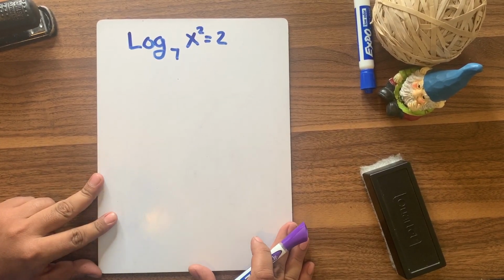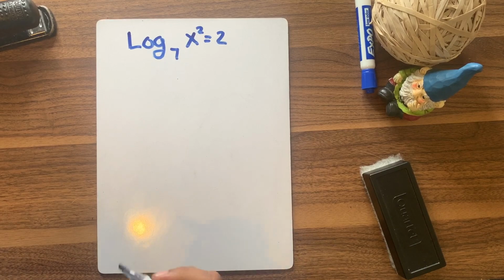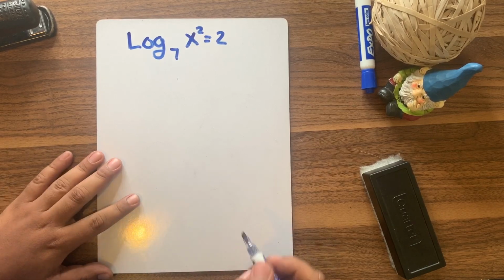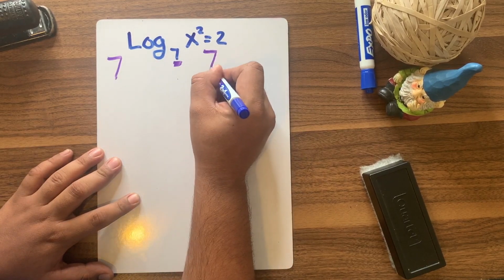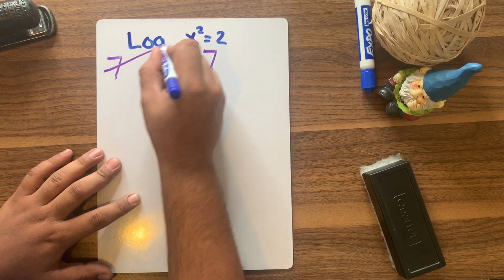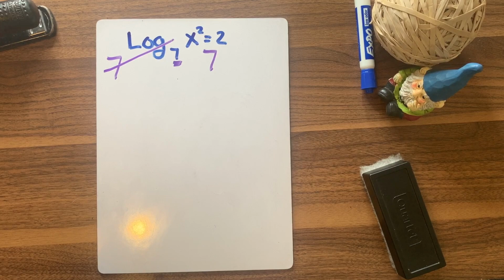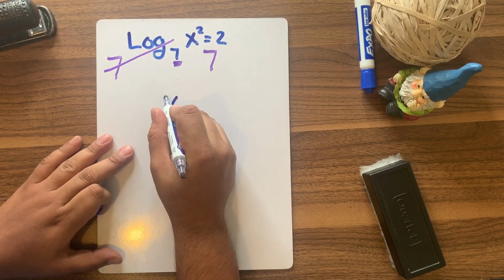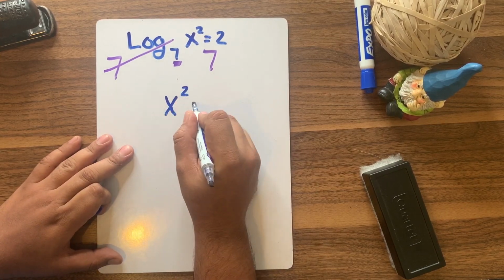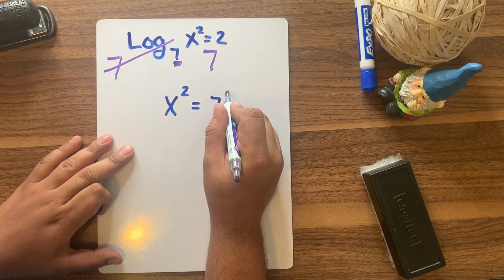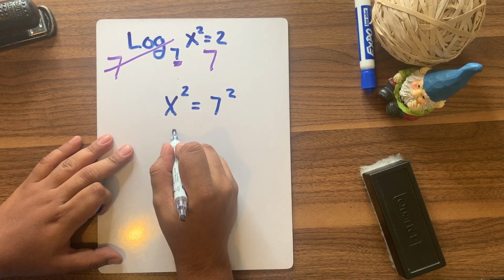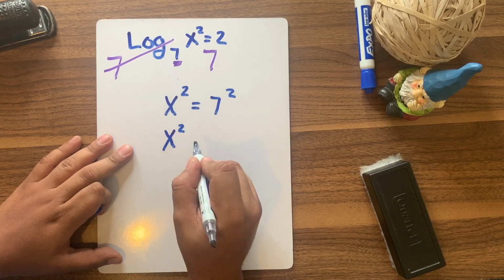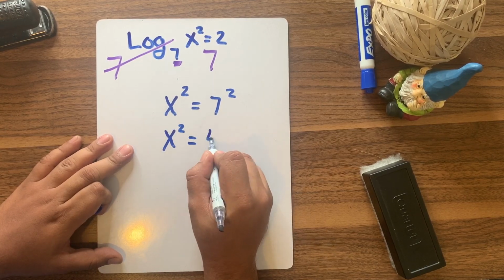Now let's look at this problem. Now I notice that I have one log on one side, so to get rid of it, I do need to apply the base. So I'm going to do the big giant 7. Now the log and the base cancel each other out, and you end up with x squared is equal to 7 squared. Let's convert that to 49.